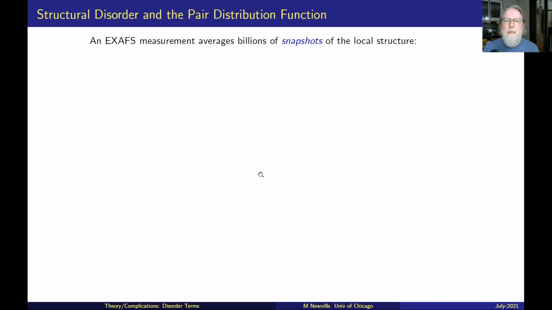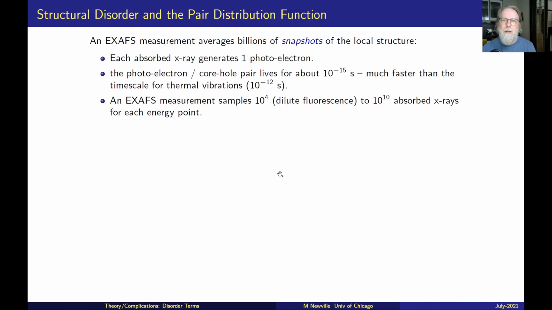Finally, I'd like to mention that the XAFS measurement that we do is a snapshot of many, many measurements. Each absorbed X-ray generates one photoelectron. That photoelectron lives for a very short time. The lifetimes are on the order of femtoseconds, which is much faster than the timescale of any thermal vibrations.